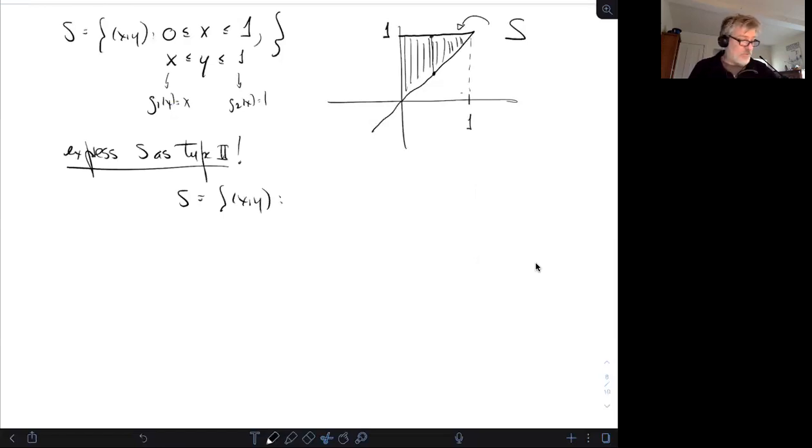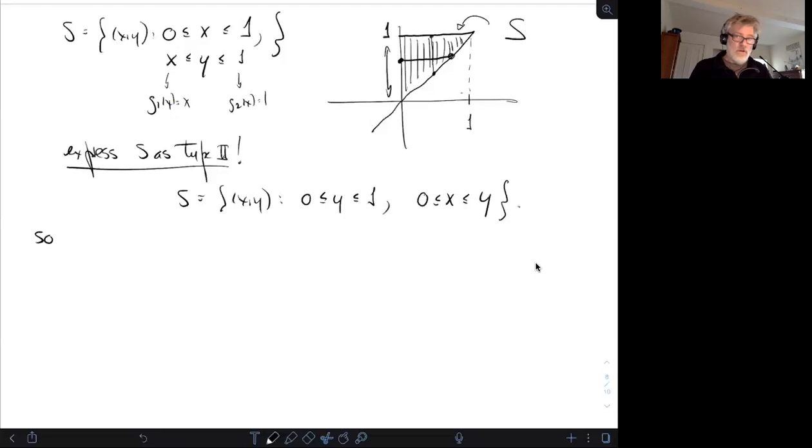Here it clearly is between 0 and 1, right? And what are the values of x? If you fix a value of y, you look at the possible values of x, that segment goes from 0 to y, right? That's S as a type 2 region, okay?